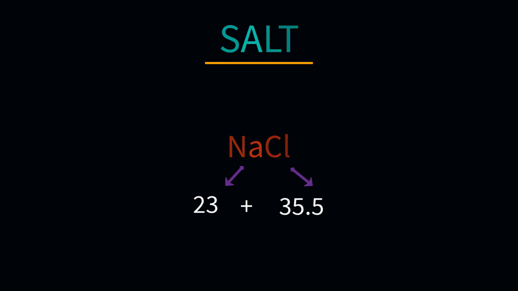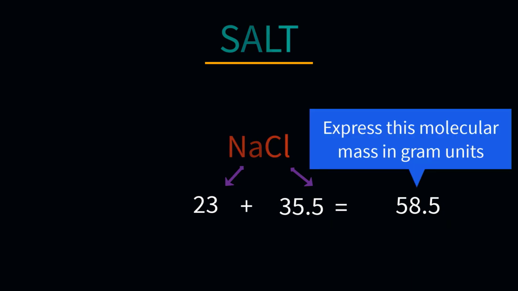If we add these atomic masses, we will get the molecular mass of NaCl. Therefore, the molecular mass of NaCl is 23 plus 35.5, and that is 58.5. Now we will express this molecular mass in gram units.